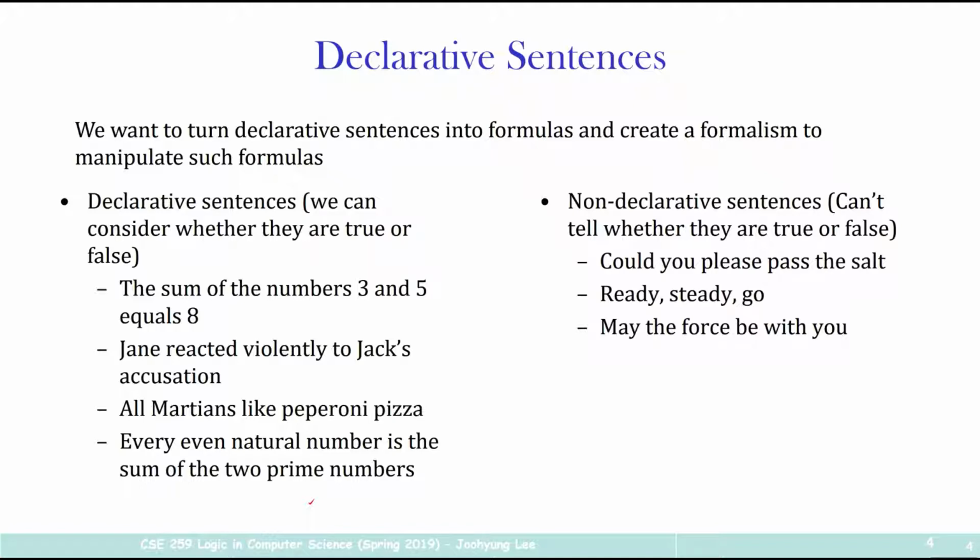We are talking about all even natural numbers being the sum of two prime numbers. Recall that this sentence is basically an if-then clause, as we learned before. If some number is an even natural number, then that number should be represented by the sum of two prime numbers. True or false? False. Why is it false?